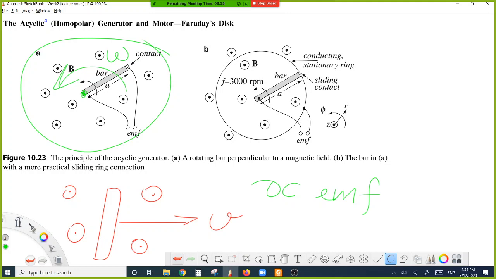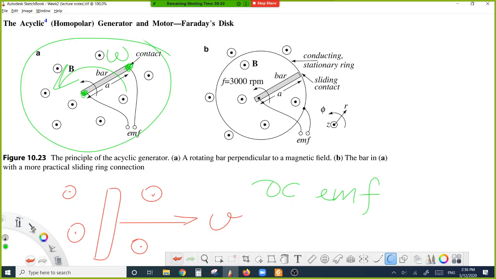This gives us the same effect as the moving bar, and it produces DC current if we connect to the ends of our bar.